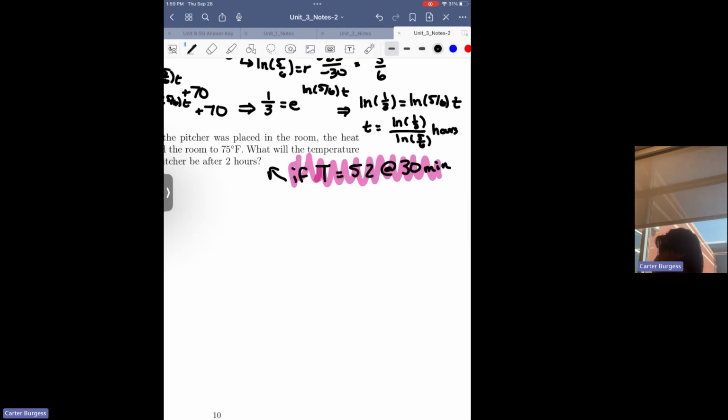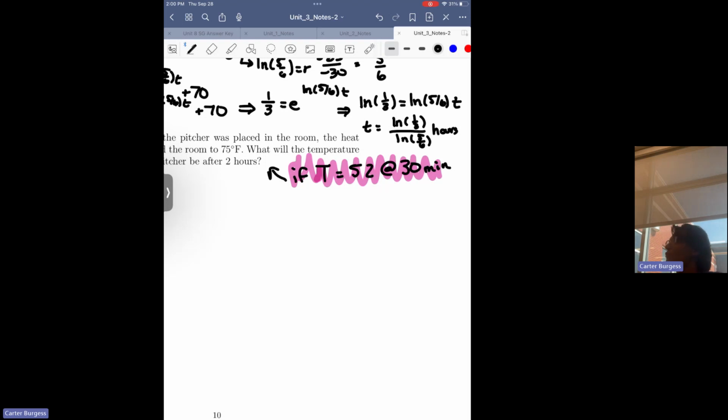Do I get to cancel the ln's? ln divided by ln, I get to cancel them, right? No. Can't do that. Do I get to combine these with my quotient rule? No, I do not. The only division that the quotient rule talks about is where?